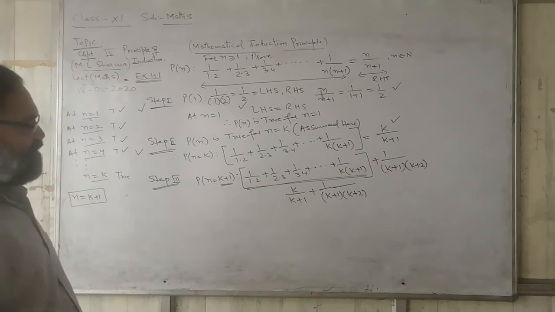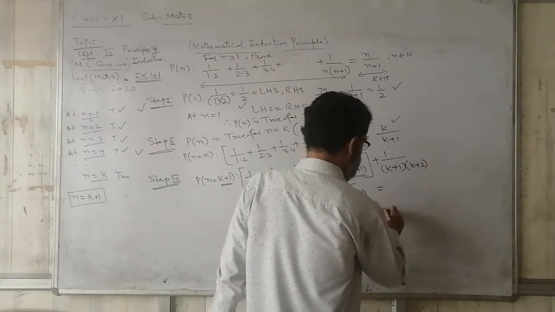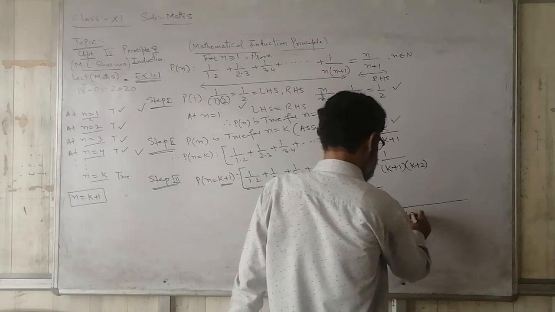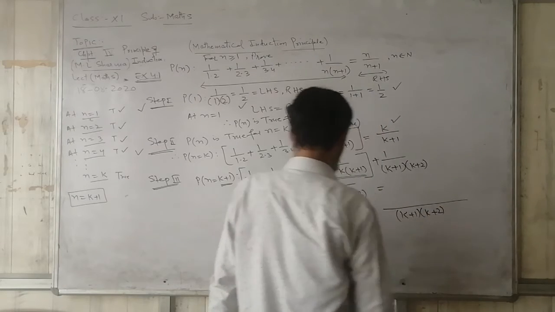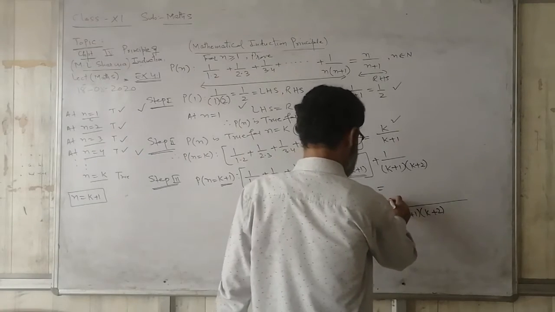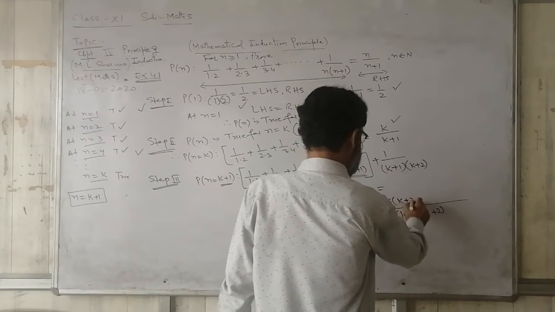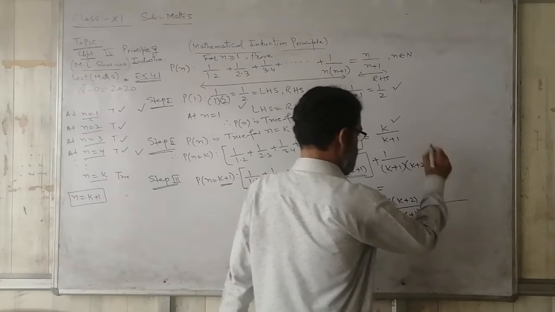So on further simplification, if I take the LCM k plus 1 into k plus 2, I will have the numerator as k into k plus 2 plus 1.